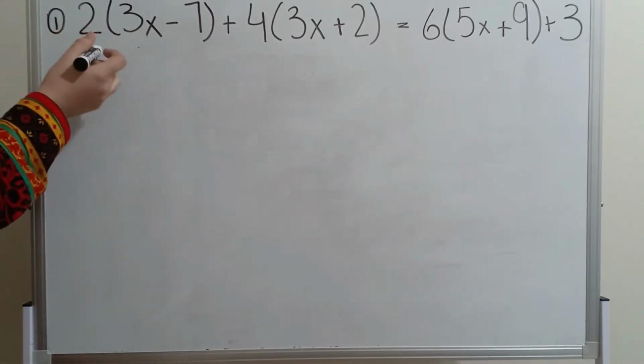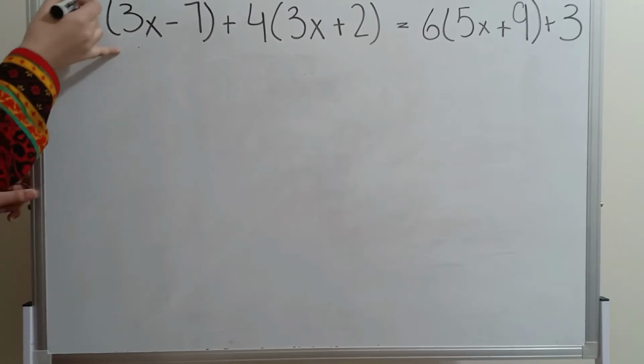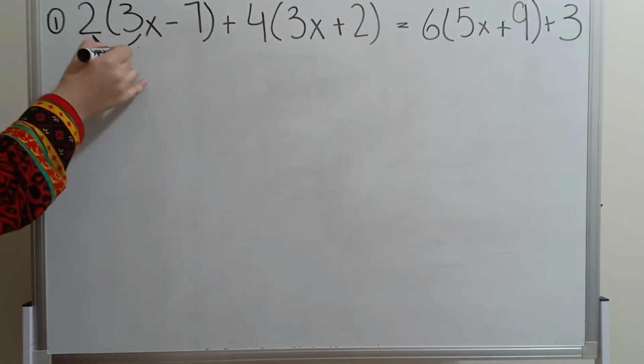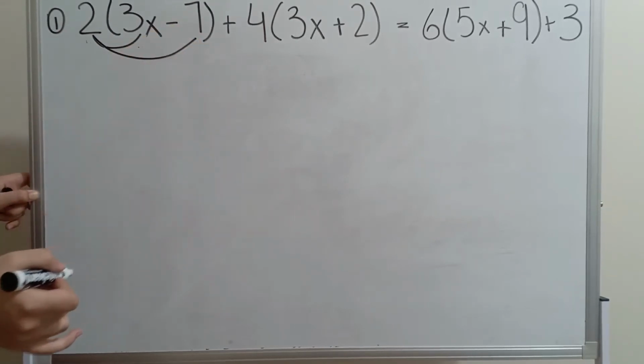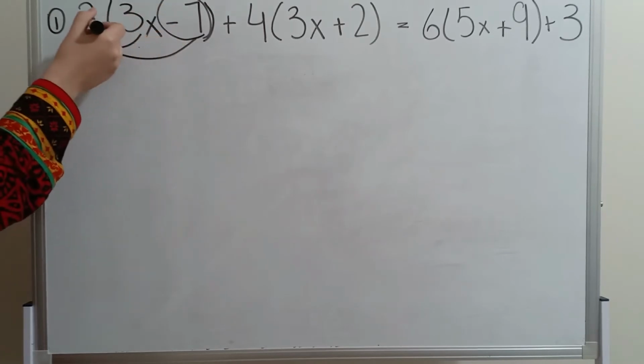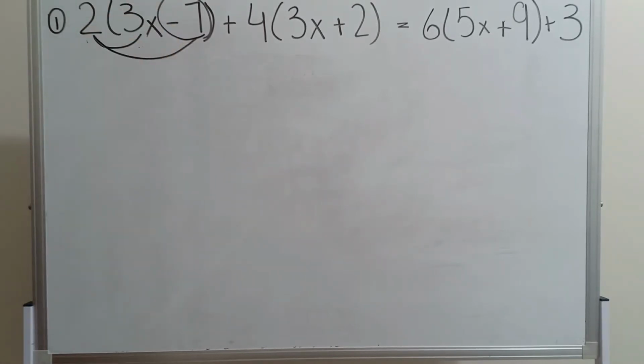This one is out of the parentheses, right? So we multiply this by first this value in the parentheses and then this value in the parentheses, and it comes with the sign. So 2 times negative 7, that's how it will be multiplied.